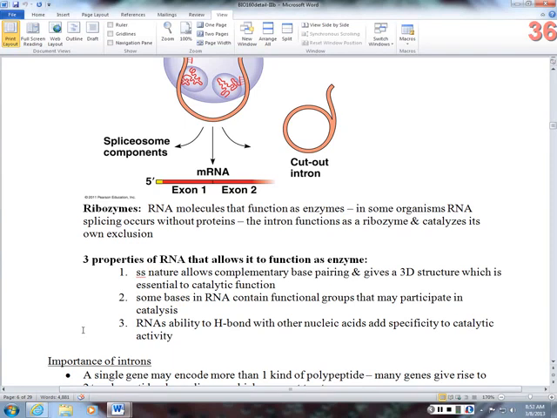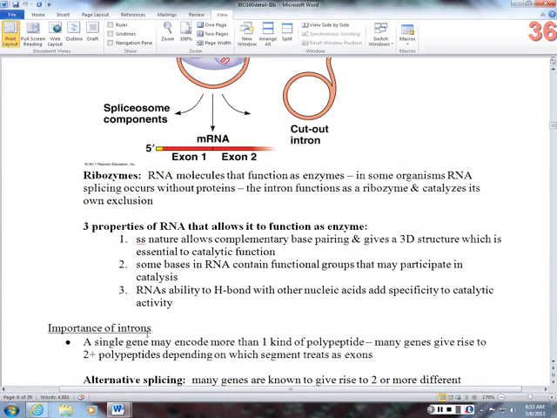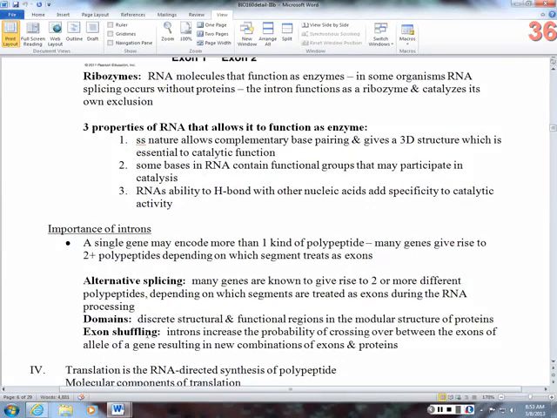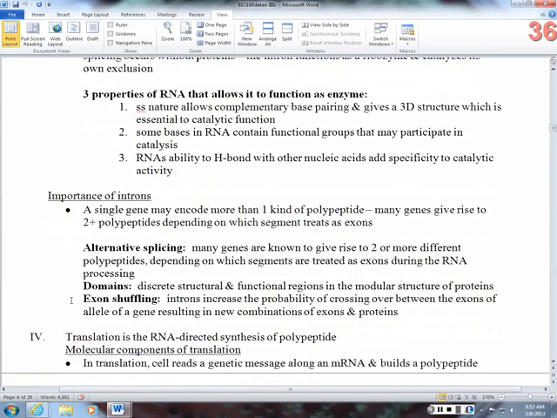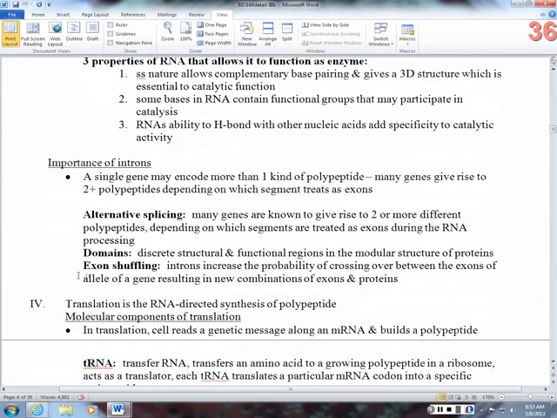And that can help in making its three-dimensional structure, and it can help catalyze other functions, just like another type of enzyme would by holding things in place. Some of the bases in RNA are going to have functional groups that can participate in the catalysis, and it also has the ability to hydrogen bond with other nucleic acids. So it's got those properties that will allow it to do that.